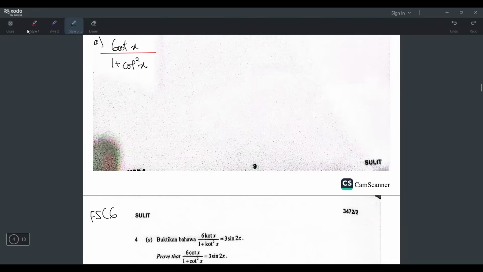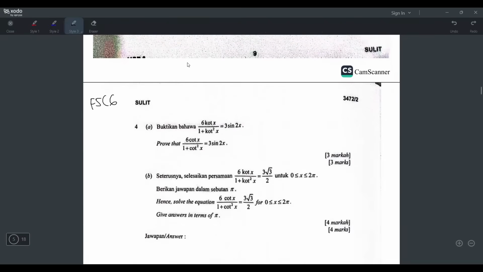Cot square x. Okay, before I do it, let's look at the question first. So this is the left hand side. This is the right hand side. LHS, RHS. So when you do this kind of proving trigonometry question, you want to start from the more complicated side. What do I mean by that?